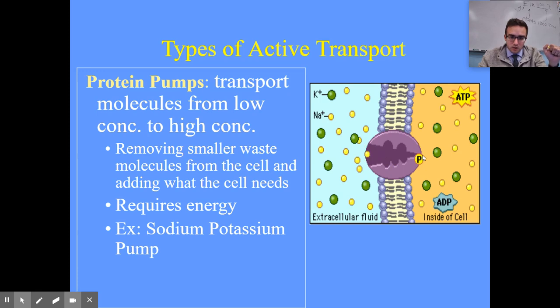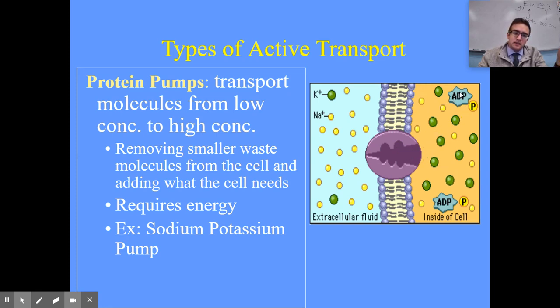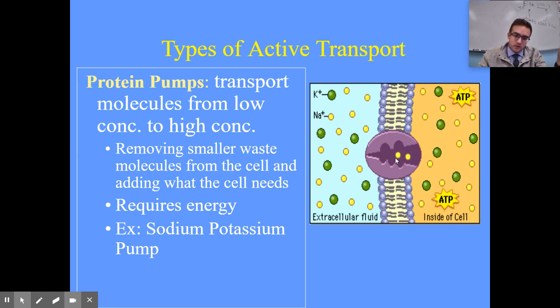To do that, what the sodium potassium pump does is 3 sodium molecules will hit these little dots here. They'll come in, they'll bind here. ATP will then come in. So here's our ATP, here's our energy. We'll release the sodium outside the cell.